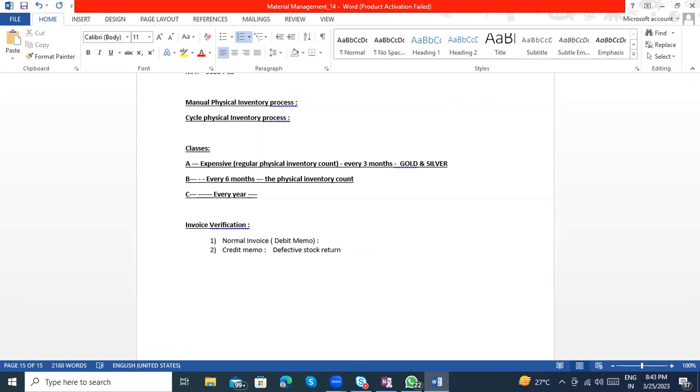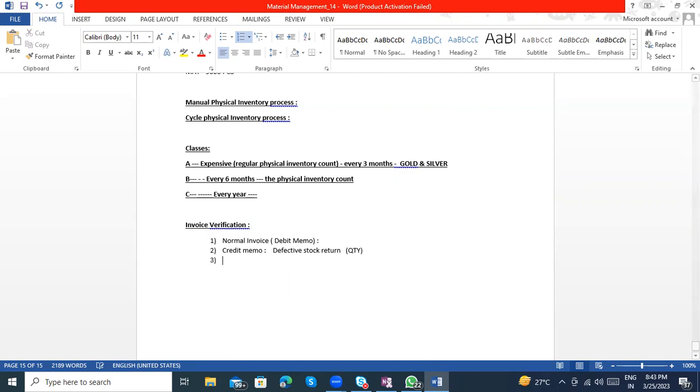So majorly, we can say the return process. When we are doing the return process, only in that case do we use a credit memo. Here we are talking about quantity: if the quantity is returned to the vendor, only then do you raise the credit memo. Okay, is it clear?